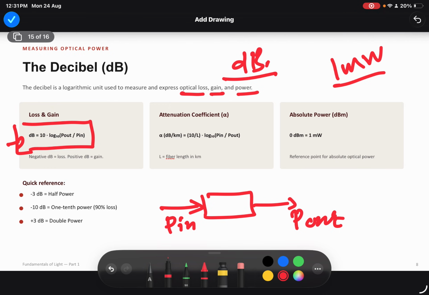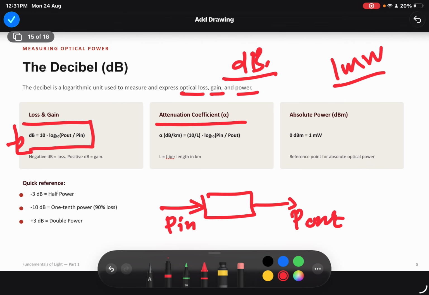Another unit that we use in optical communication is the attenuation coefficient, that is 10 by L, where L is the length of the fiber in kilometers, times log of P in by P out.